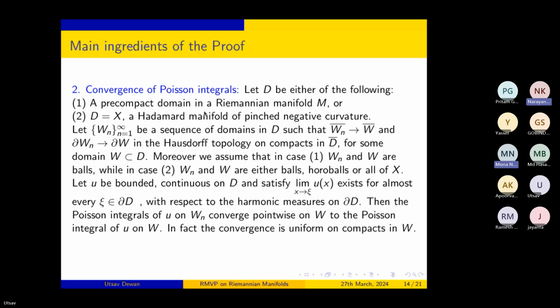Naru, are you able to hear? I think he lost connection again. So we'll wait for him to come back. You get a sequence of harmonic functions. So we lost connection for one or two minutes. So can you repeat it a bit? Oh God. Utsav, are you able to hear?